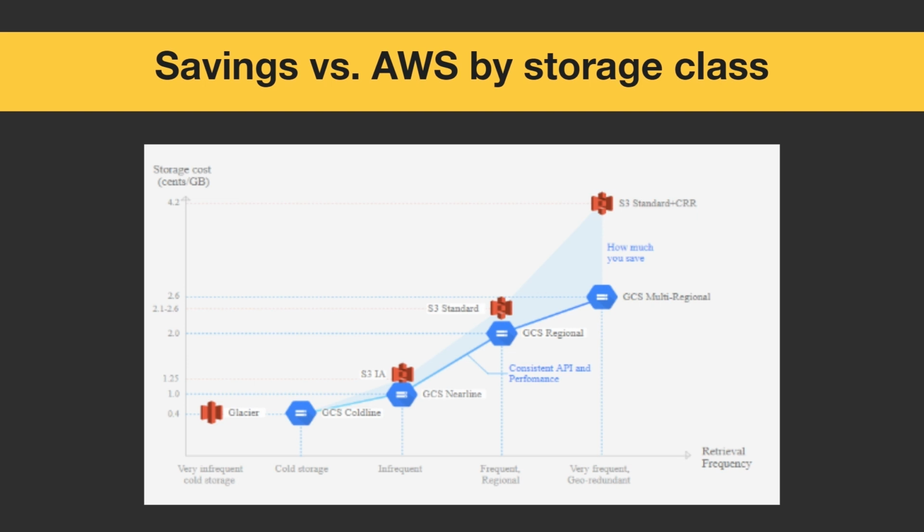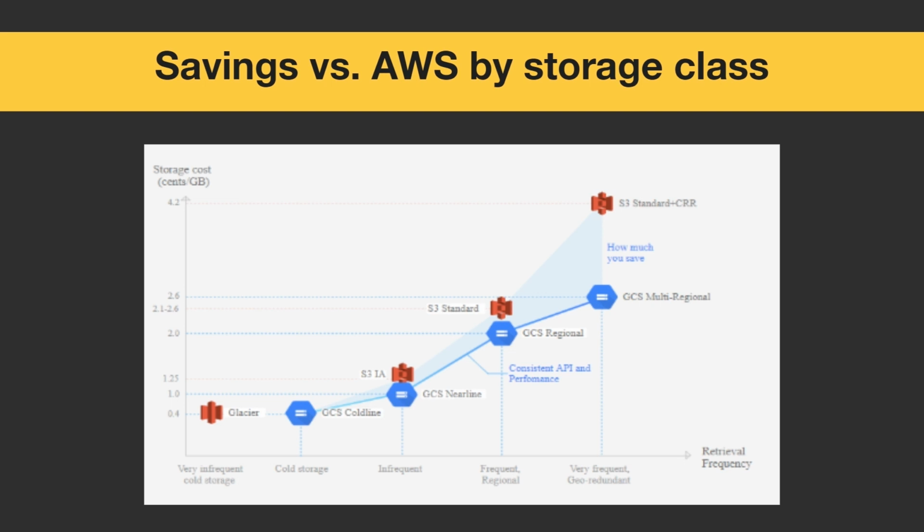If you compare S3 Infrequent Access with Nearline, you will see the price is drastically down. The storage cost of S3 Standard plus CRR is approximately 4.2 cents per GB, while the same service in Google Cloud as multi-regional is approximately 2.6 cents per GB. Now, S3 Standard compared with Google Cloud Storage regional is 2.1 to 2.6 cents, while the same service in Google Cloud is 2 cents.